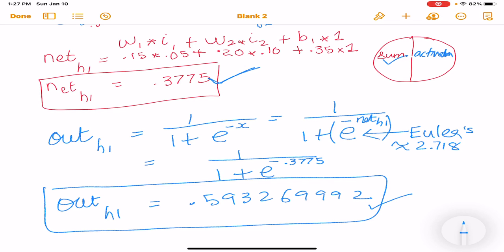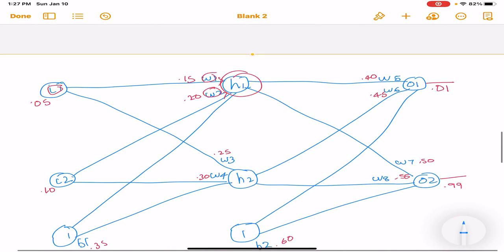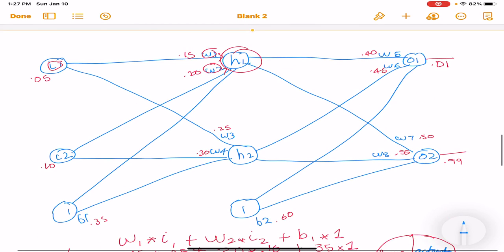We have to continue this process for all the neurons in my neural network, of course except the input layer. So you have to do the same process for H2, O1 and O2.